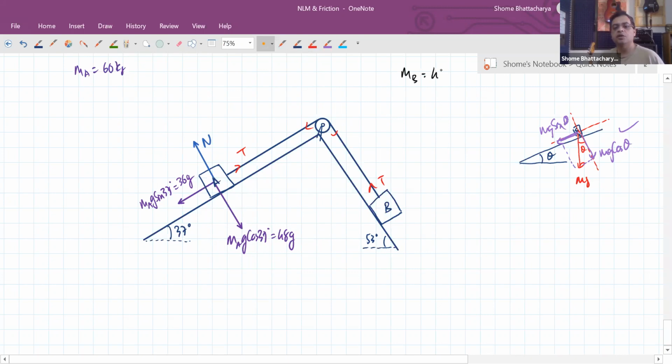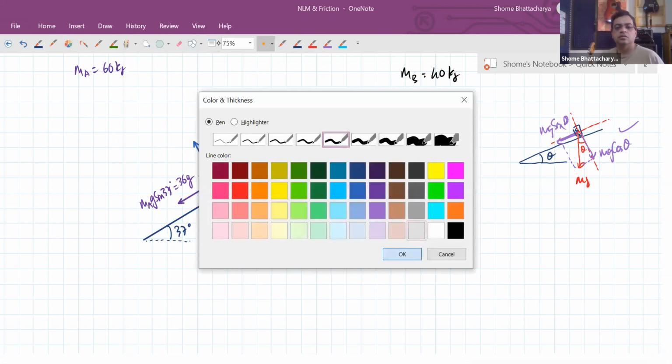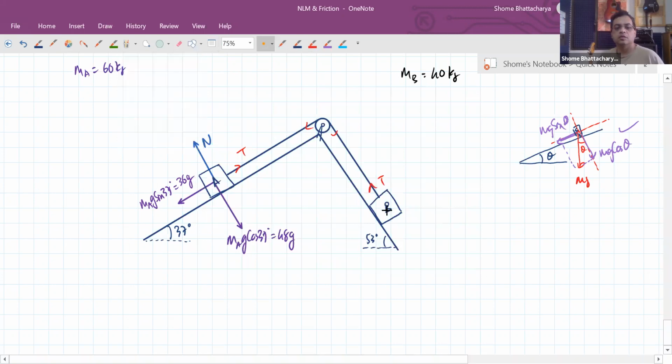Now, similarly, if we look at B's weight, B's mass was 40 kg. So the component of its weight down the inclined plane, or parallel to the inclined plane, is the sine component. So 40 into sine 53 will give us 32g.